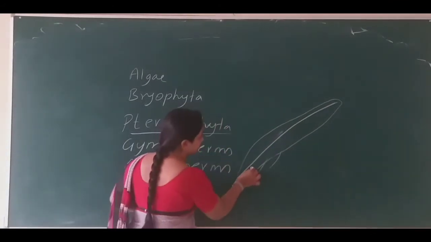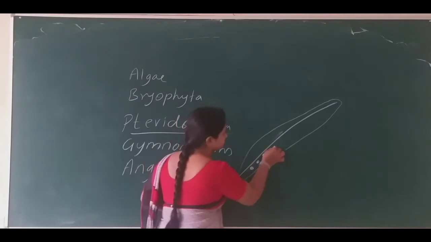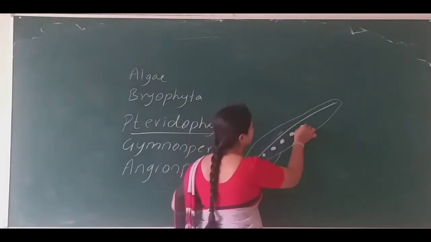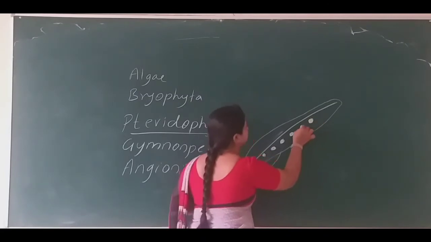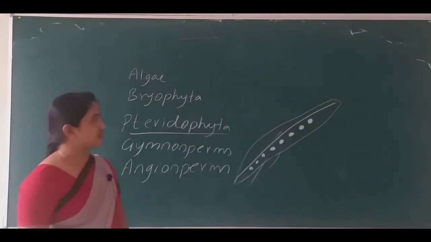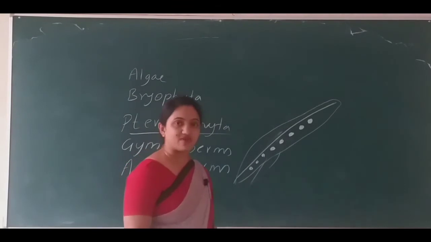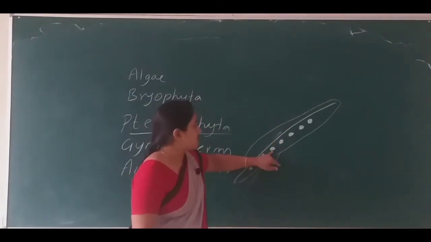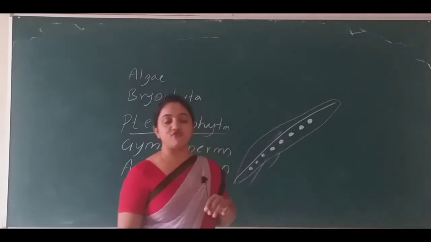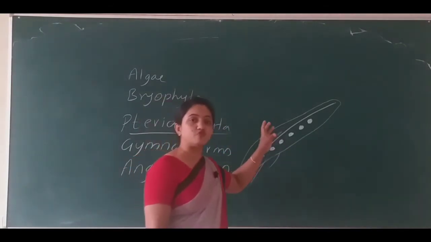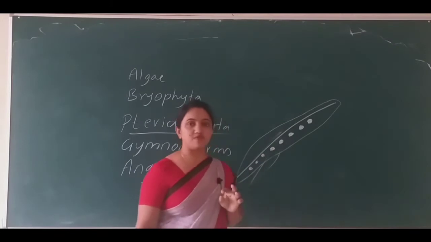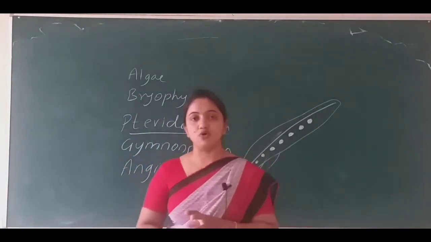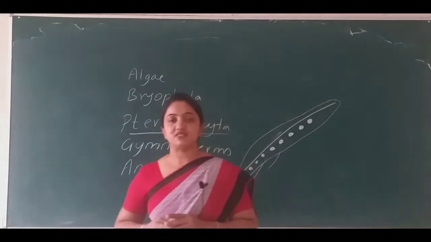Beneath the leaf you can see a black or brown colored spherical structure. Those spherical structures are nothing but the sporangiophore. They produce a number of spores. When those spores settle on a suitable place, they grow into one more Pterophyta member.